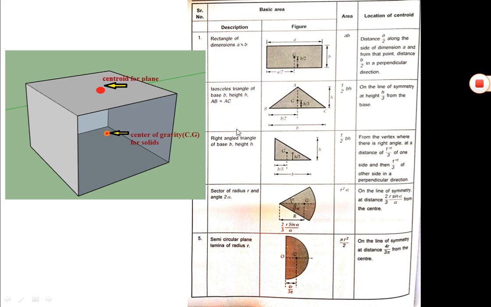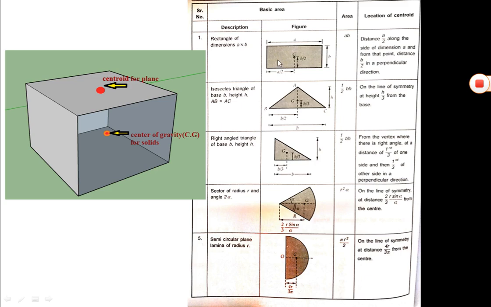So I will directly move on to the right angle triangle. The area of the right angle triangle is half base into height. This one is the base and this one is the height.